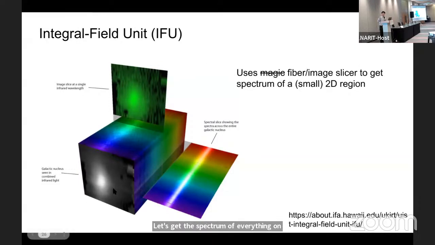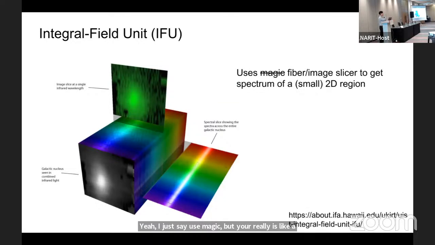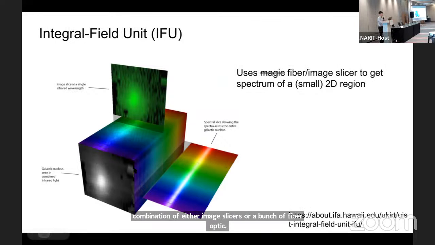There are several ways to do this. I just say use magic, but really it's a combination of either image slicers or a bunch of fiber optics to get a spectrum of every single point on this 2D plane.